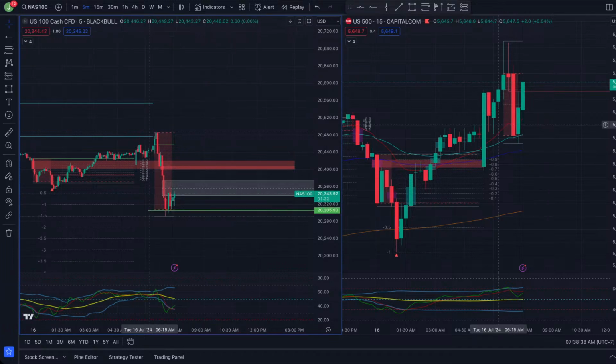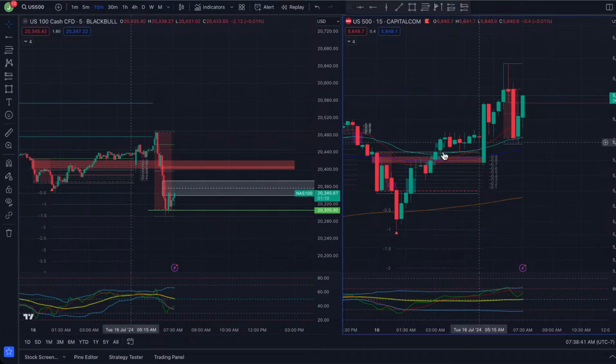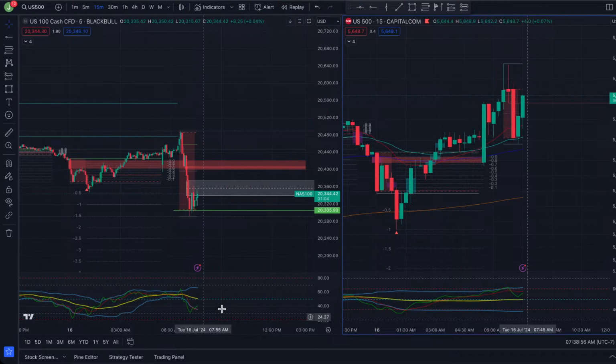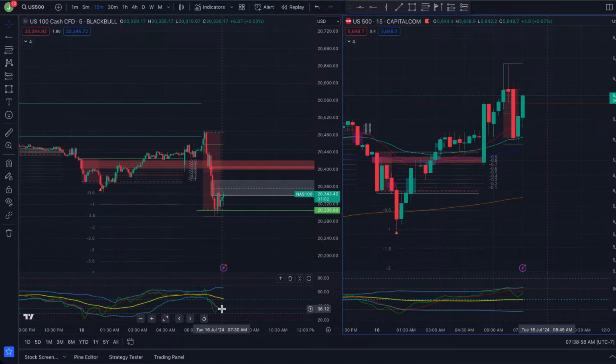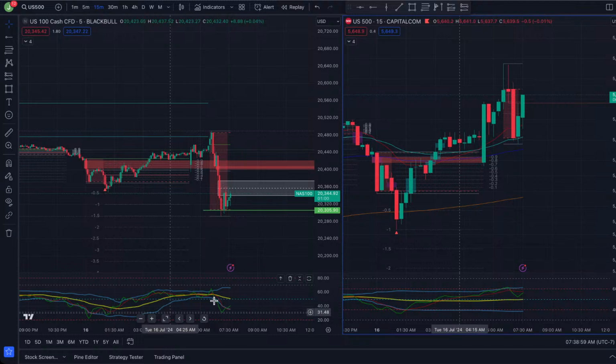That is pretty big divergence happening right now between US 500. It's almost an opposite model here, opposite pattern. On the TDI, we are below the 50.